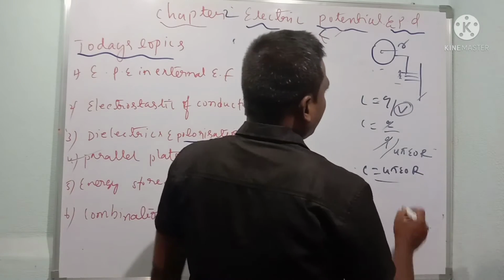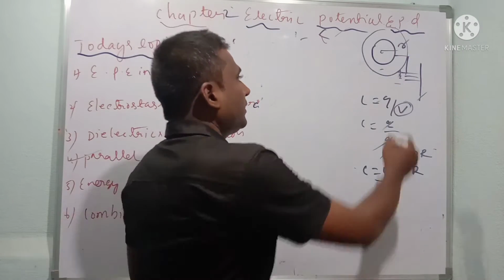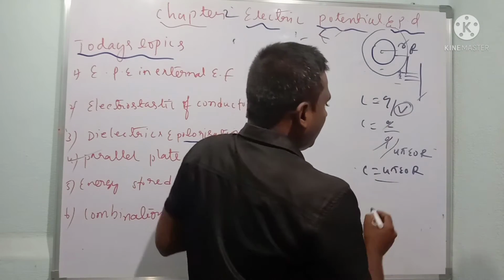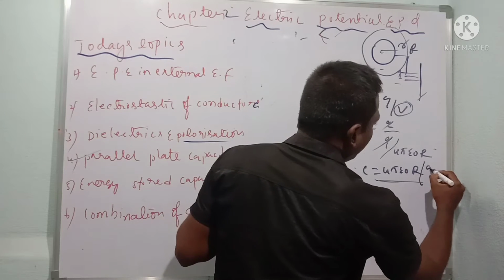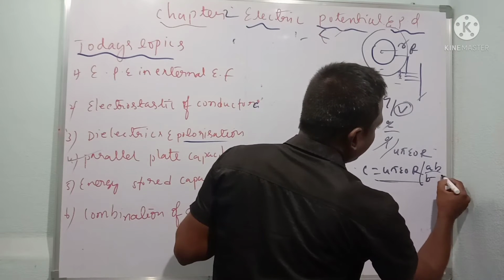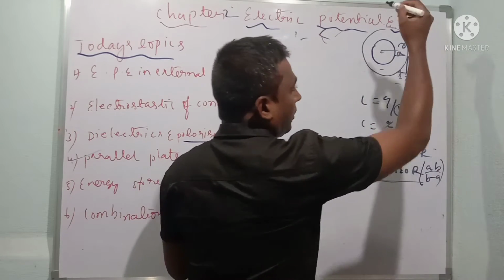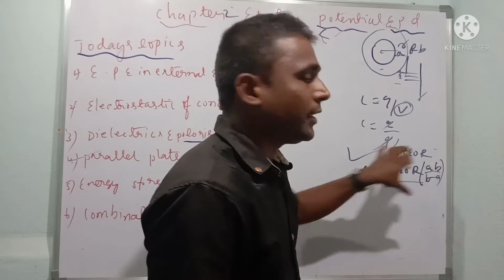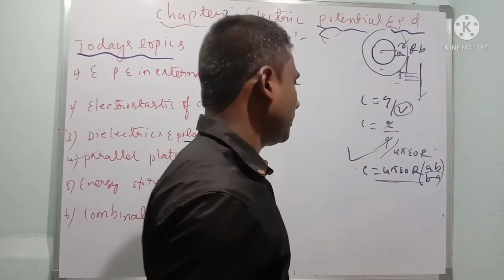Now we understood this. If I take two spherical capacitors, with small r as inner radius and capital R as outer radius, then the formula is 4 pi epsilon naught into AB divided by B minus A. This I call A and this I call B. This is the capacitance of two spherical capacitors with respect to inner radius and outer radius.